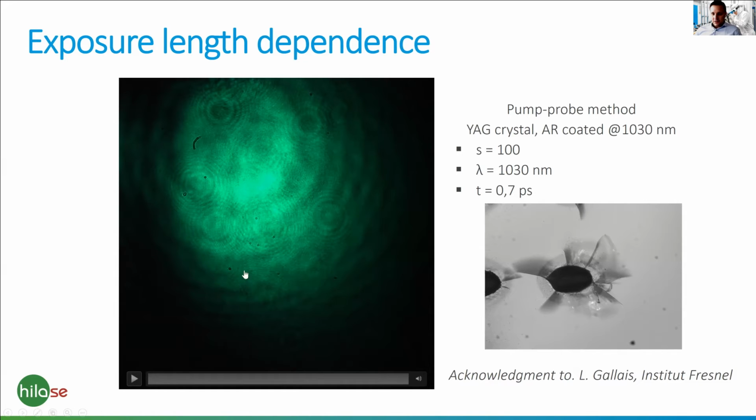What we can see in this video is, when the exposure starts, a darkish area. This is the area where the light is interacting with the material, and free electrons are getting generated, which is increasing the absorption.